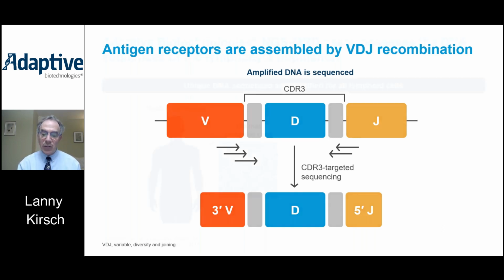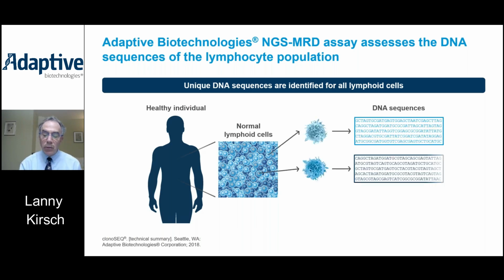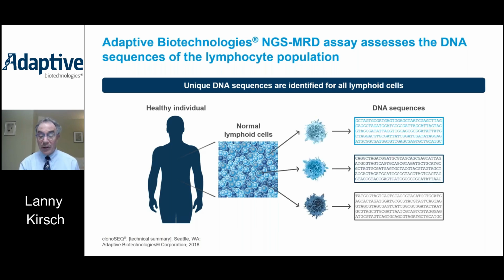Every time the assay is performed, the entire B or T cell repertoire in the given sample is profiled. Thus, in the bone marrow from a healthy individual, numerous sequences representing numerous clones are seen, and no one sequence towers over the rest.